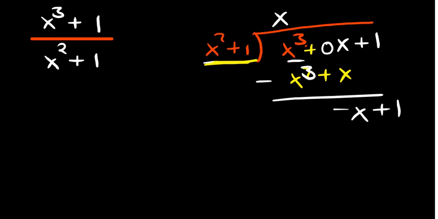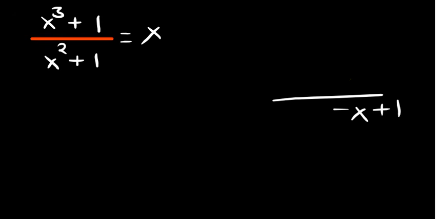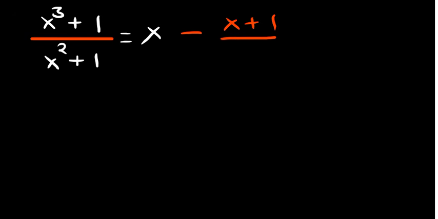So in this case, the way you can express this one is going to be x as the first part. Your remainder is negative x plus 1 over the factor, which is basically x squared plus a 1 there.